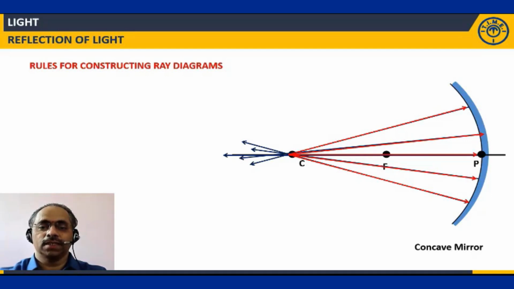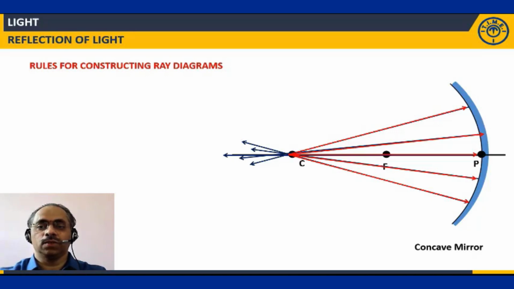Why? Because from the center of curvature to any point on the mirror, if I draw a line, that line will be normal to that particular point on the mirror. So in such a case, what is happening? Angle of incidence is equal to 0. Therefore, the angle of reflection is also equal to 0.